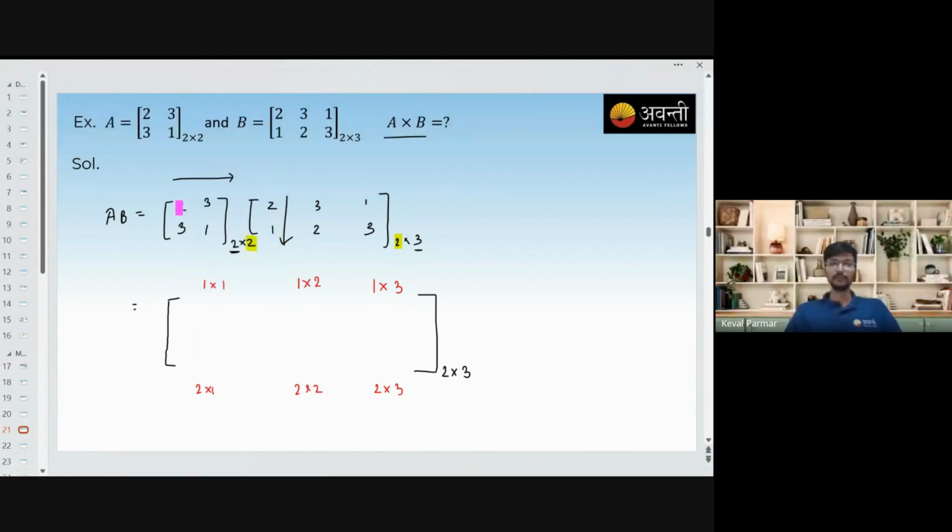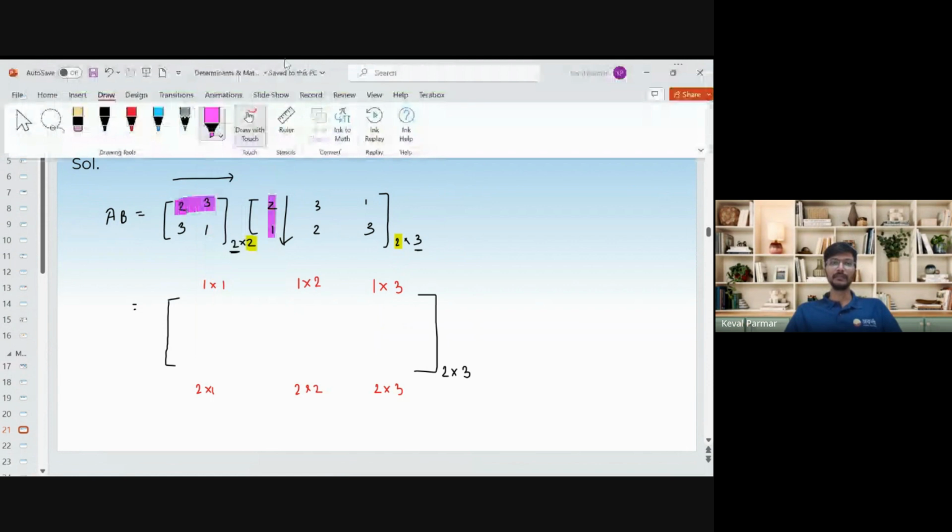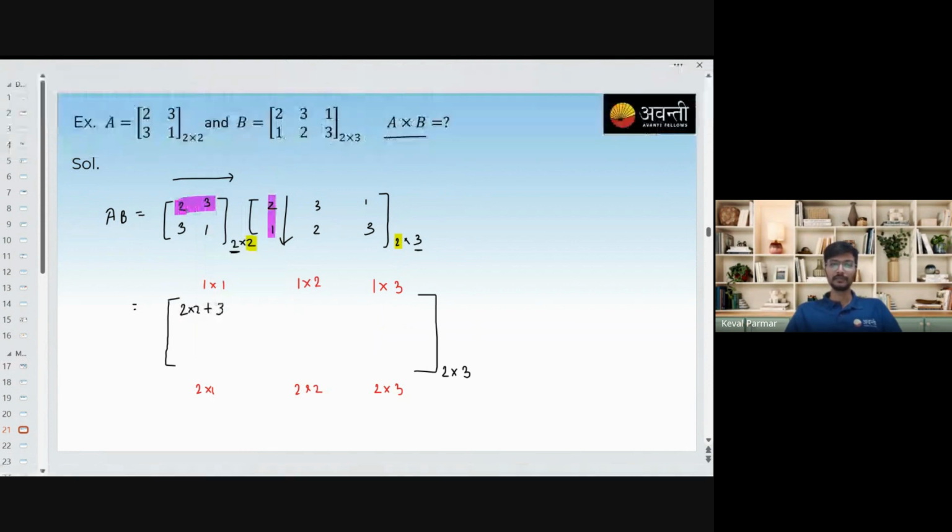First row, first column. Let's multiply. 2 into 2 plus 3 into 1. Here, first row, second column. First row, third column. Second row, first column. Sorry, plus.